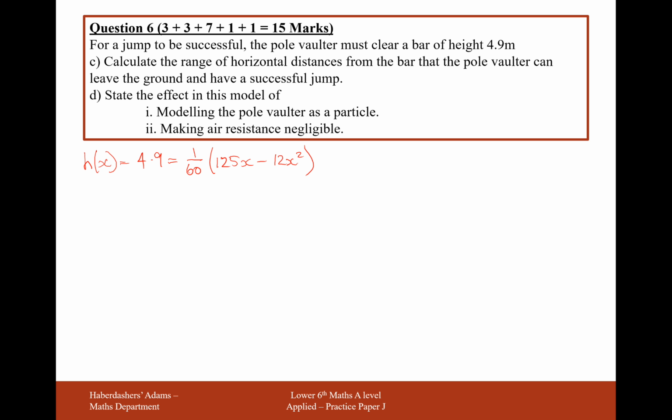So times it over by 60, let me get my calculator, 4.9 times 60, and we get 294. So 294, and let's add the 12x squared onto the left, and we'll take away the 125x, and this will equal 0. So now we need to find the values of x.